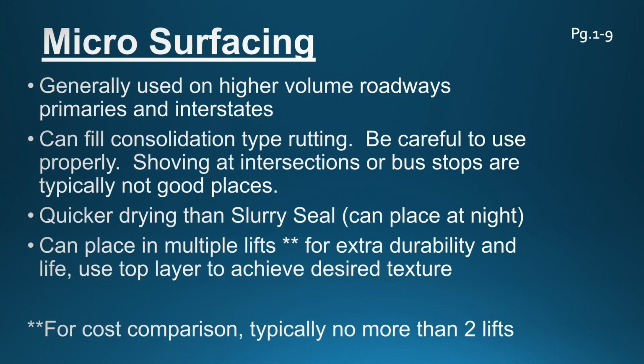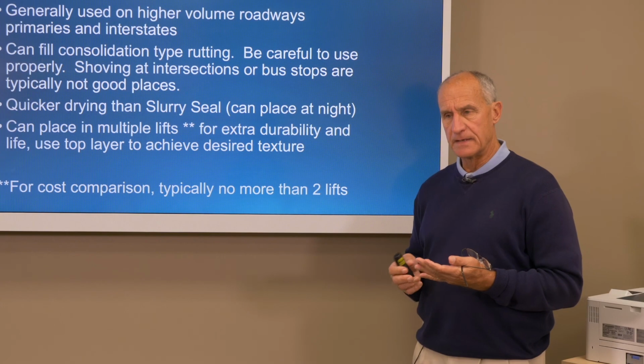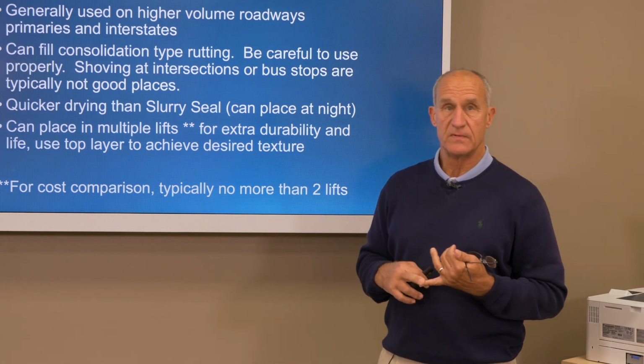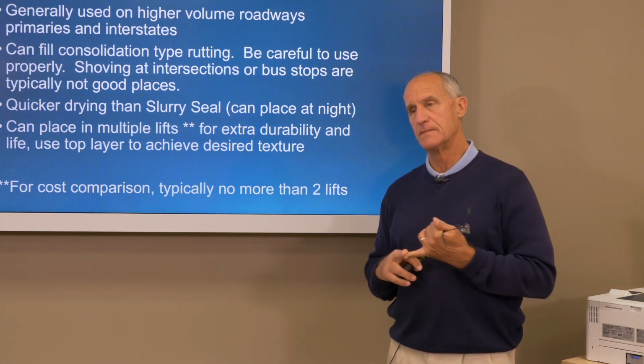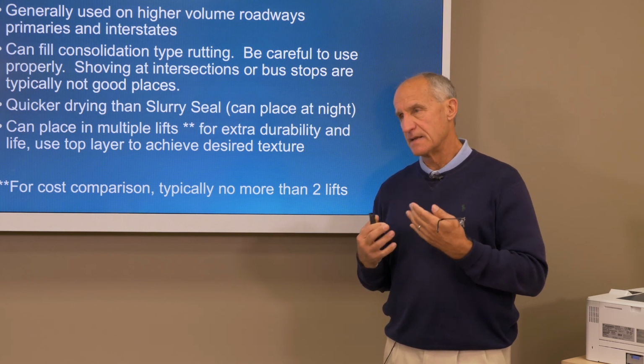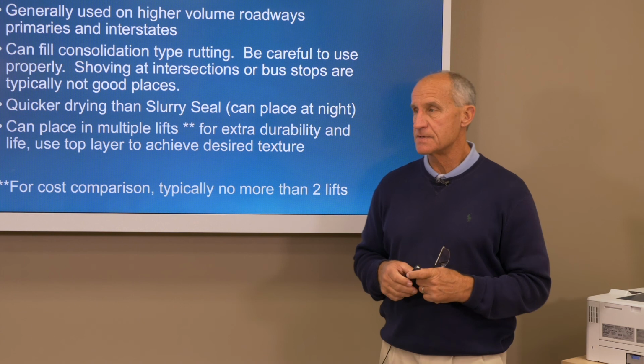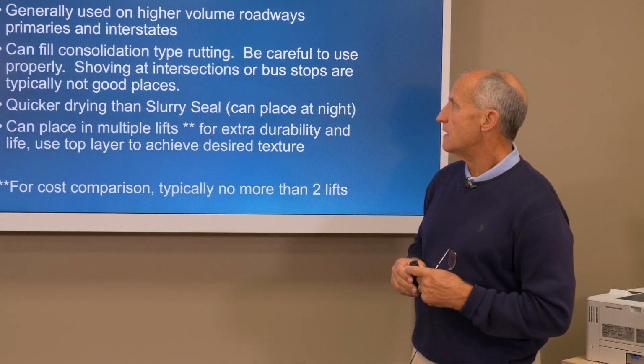You can identify and fill consolidation type rutting, which can be roughly translated as top layer rutting, in composite pavements with asphalt overlays on top of a concrete roadway. The consolidation is going from the top down and typically not moving through the base or the sub-base of the materials.